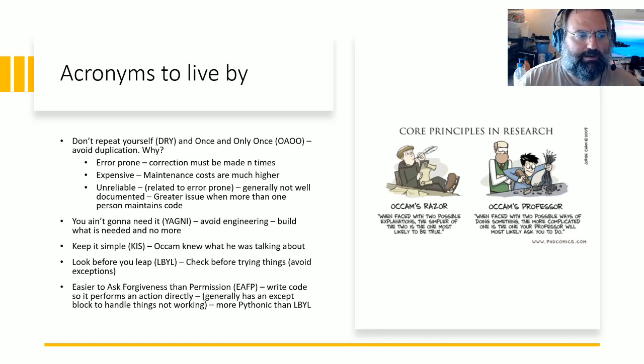So the basic idea here is that anytime you have more than one instance of a piece of code, that means corrections will need to be made that number of times. And also there's a chance that they will diverge, meaning somebody will change it in a slightly different way to accomplish something in one place, not change it in a bunch of other places, so that the code bases essentially diverge over time, making them very hard to fix and maintain. And that's where maintenance becomes much higher whenever you have duplication of code.